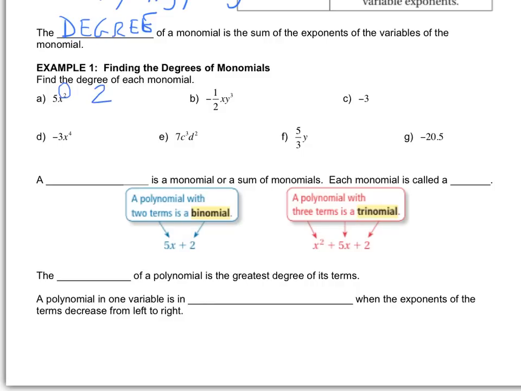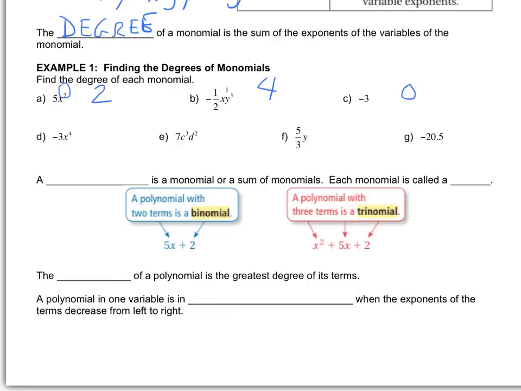When I look at letter B, and again I'm focusing on the exponents of the variables, at -1/2 x y cubed, we know that there's a 1 power on the x, which means that if I take the exponents and sum them, this is to the 4th degree. Letter C, I don't have any variables. So in this case, we would say it's to the 0 degree.